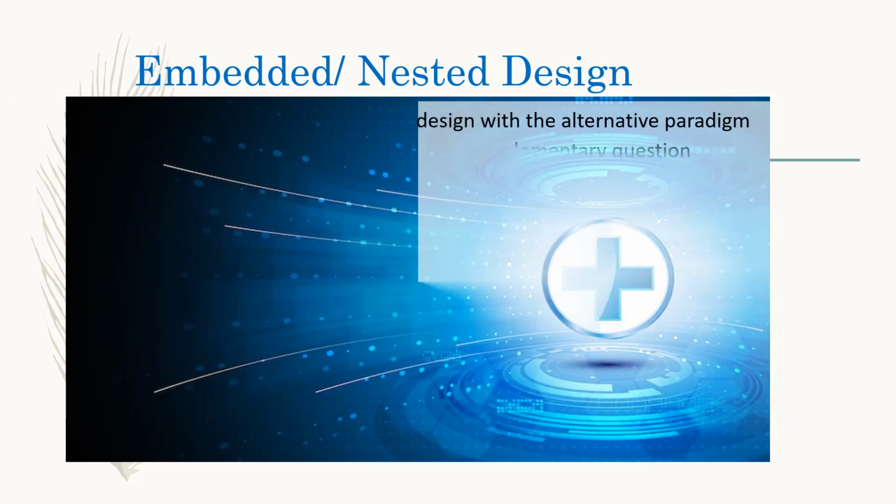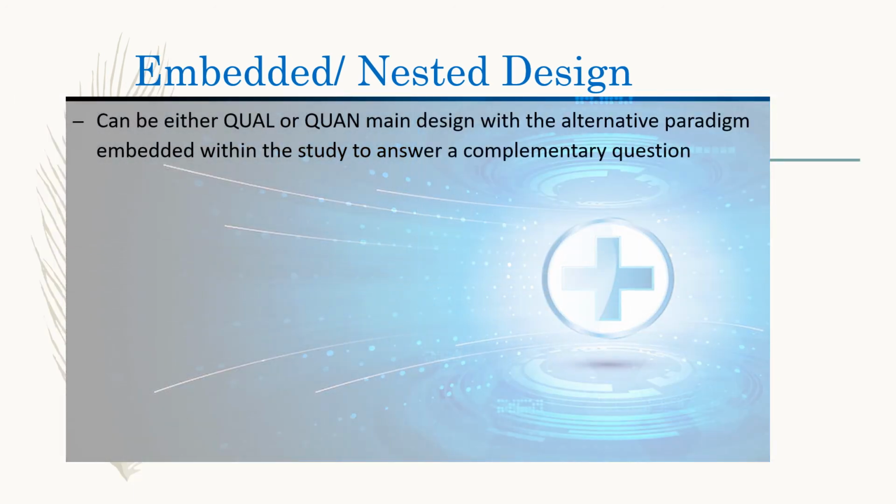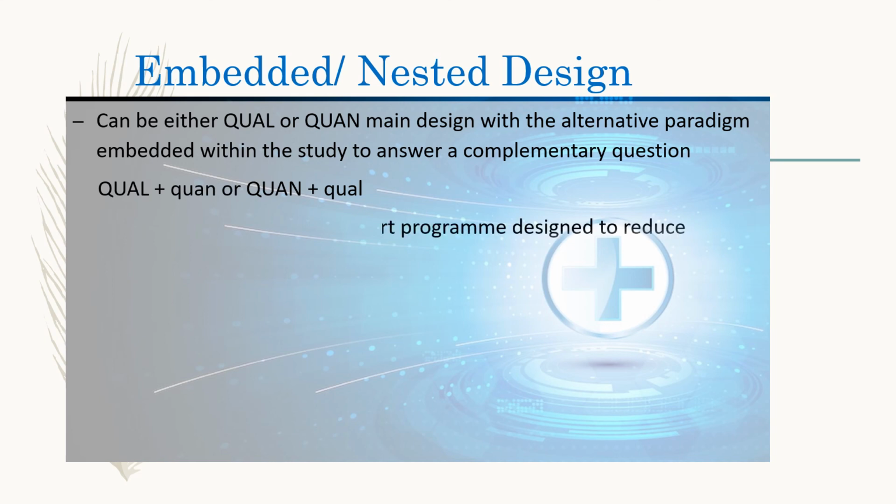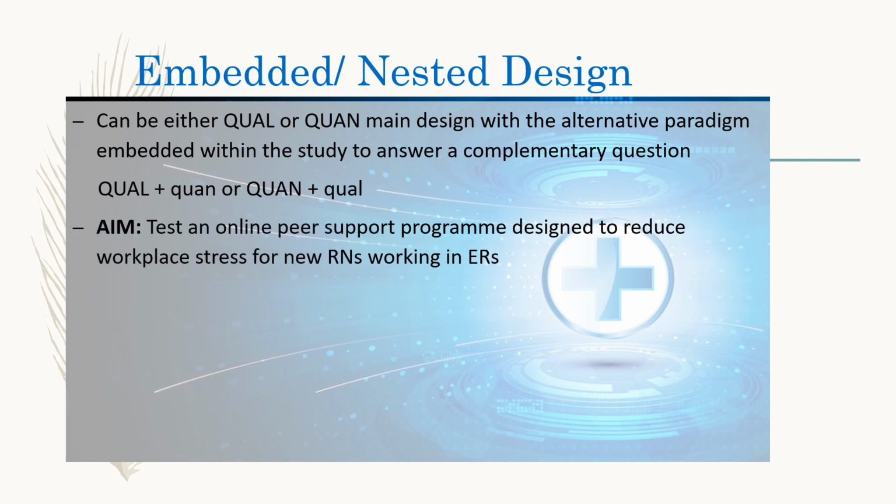As a summary, when you do your embedded design, it can be either a qualitative or quantitative main design with the alternative paradigm embedded within the study to answer a complementary question. So qualitative plus quantitative, or quantitative plus qualitative. For example, you want to test an online peer support program designed to reduce workplace stress for new RNs working in the emergency room.